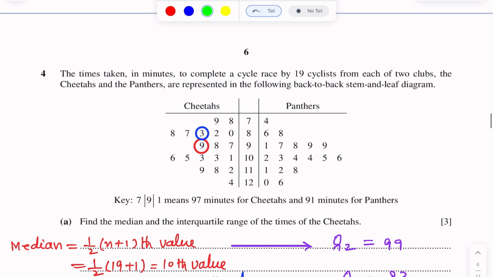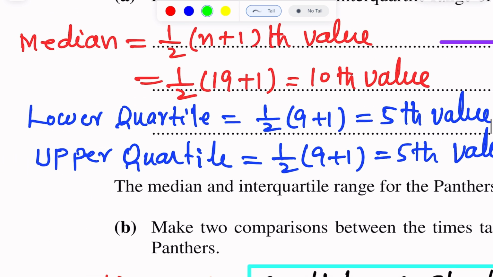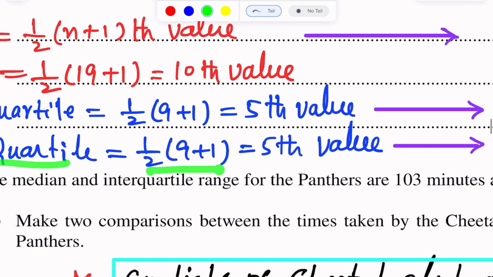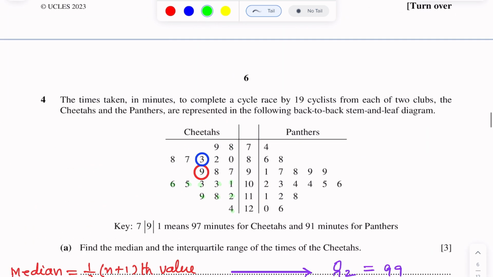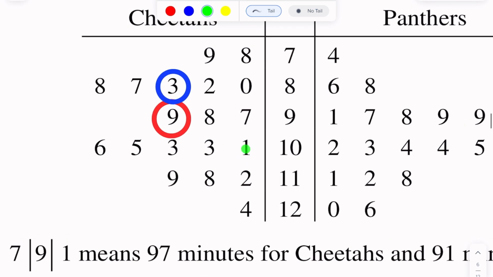In the same way, now we will take the median of the second half of the distribution, which has these values: 1, 2, 3, 4, 5, 6, 7, 8, 9. So the upper quartile will be the 1/2 (9+1)th value, the fifth value: 1, 2, 3, 4, fifth.